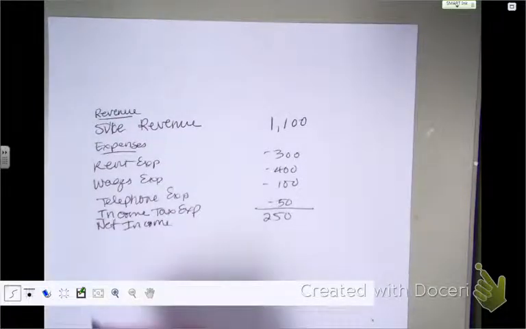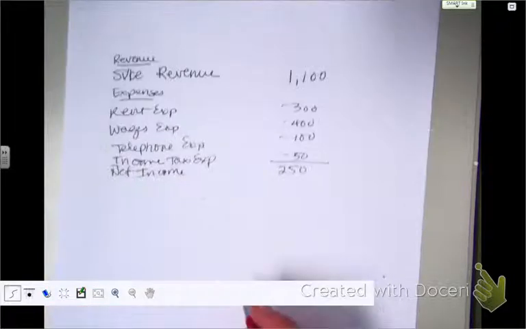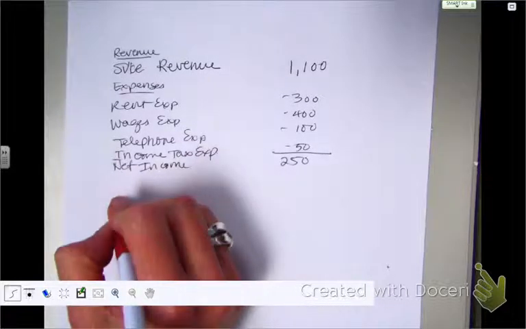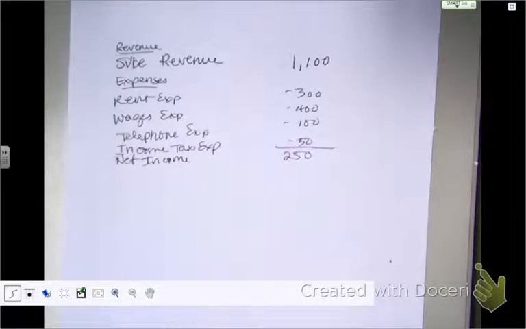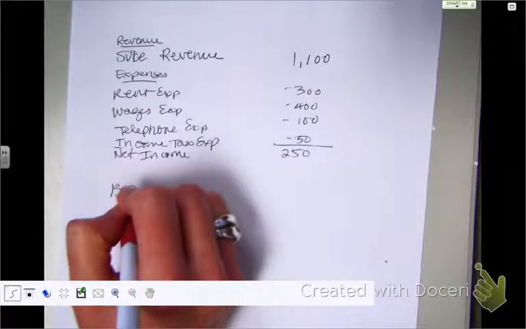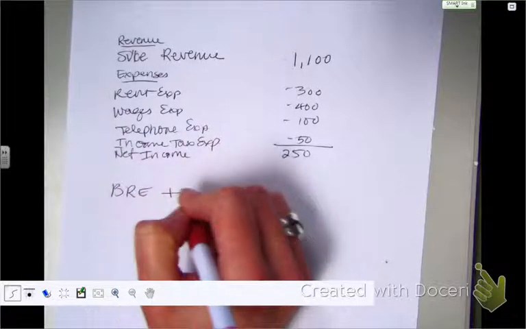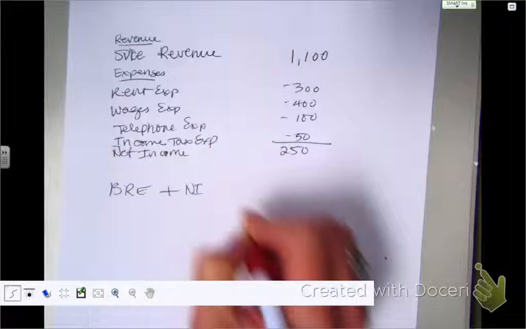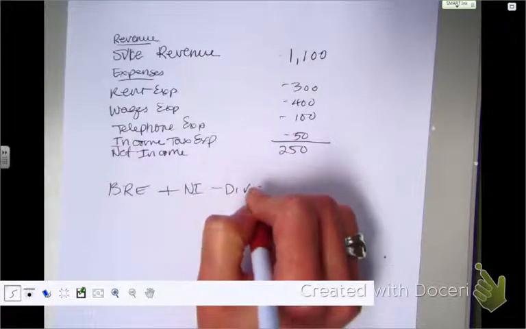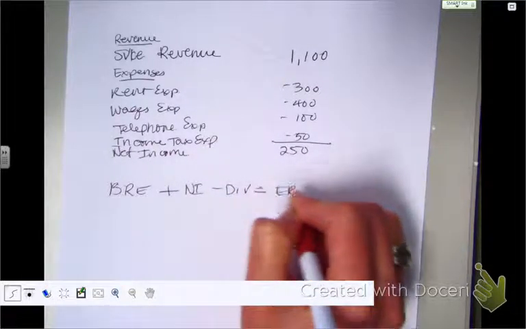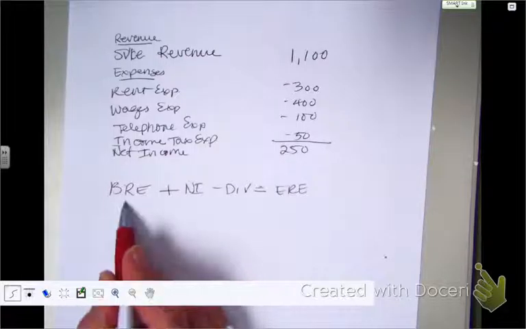Okay. And then we have to do our retained earnings. So what's the formula for retained earnings? Beginning retained earnings plus net income minus dividends equals the ending. Perfect. Excellent. Okay. So my beginning retained earnings, they said in this problem, was 120.